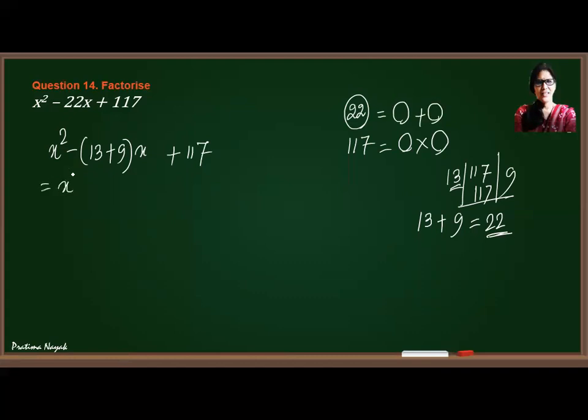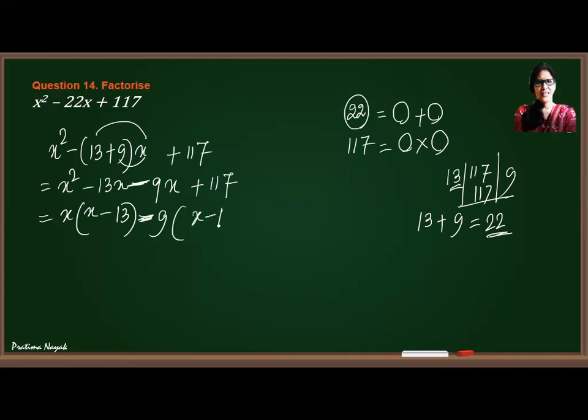So how much will this be? x square minus 13x minus 9x. This step is very important, what I am writing. If you make a mistake here, then the whole thing will be a mistake. So x square, x common, x minus 13, minus 9 common, whatever will be there, you will write here.